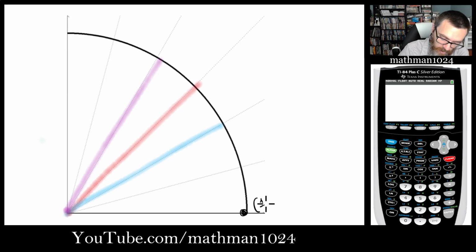This guy is the ordered pair 1, 0. And then up here, when you're at pi over 2, this is going to be the ordered pair 0, 1. So let me just kind of write these guys right here. So this is going to be 0. This is pi over 2. This guy is pi over 4, pi over 6, and pi over 3.